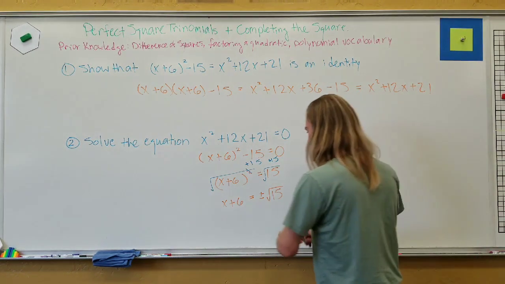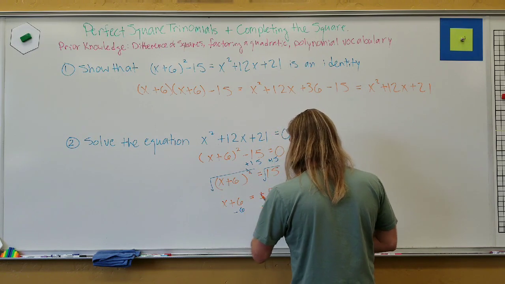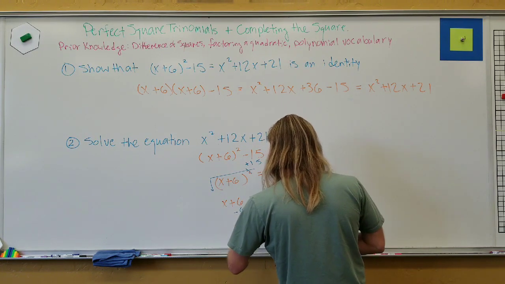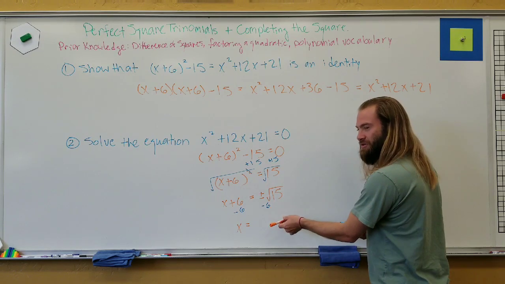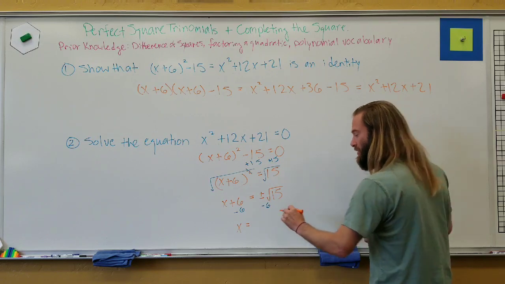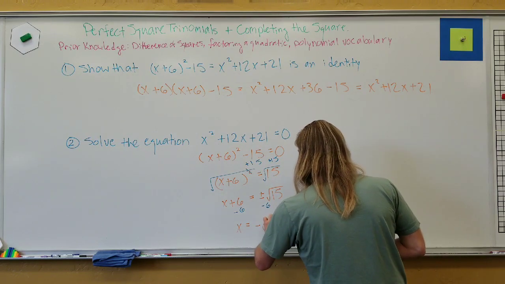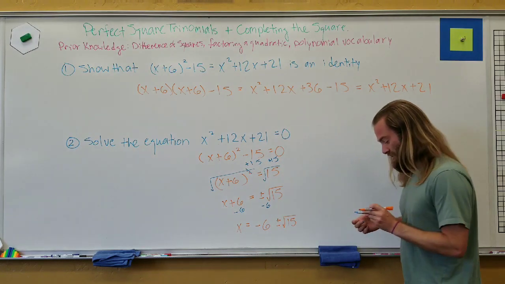Now we have one last step to go because we need to solve for x, right? So we're going to subtract 6, and I get x equals, technically speaking, we typically put this number first. So we could do plus or minus root 15 and then minus 6, but we often actually put this first. So I'll say negative 6 plus or minus root 15.